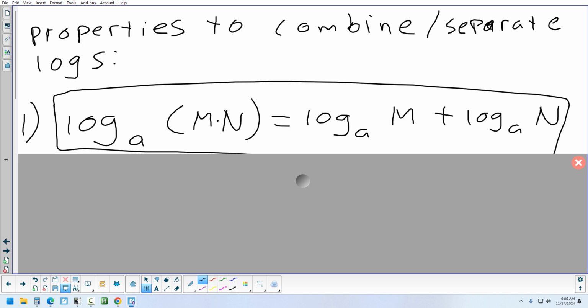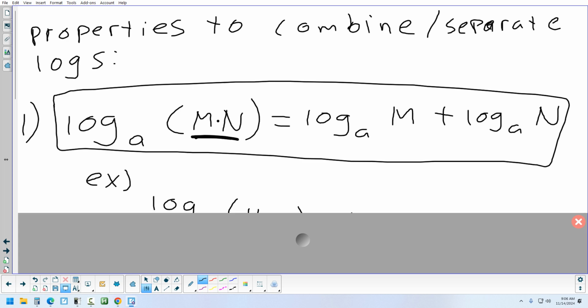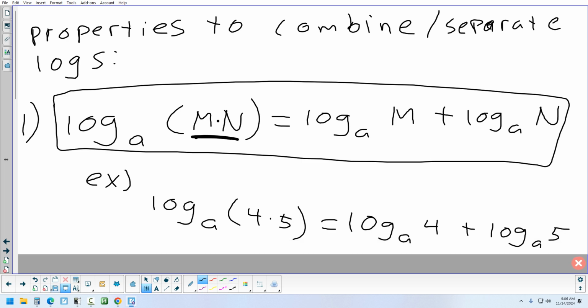Now, you can do that with more than just two. Like if you had x times y times z, if you were multiplying three things right here, you could separate it into three logs. The key is multiplication in the argument turns into addition if you want to split it up. So here's an example with numbers.